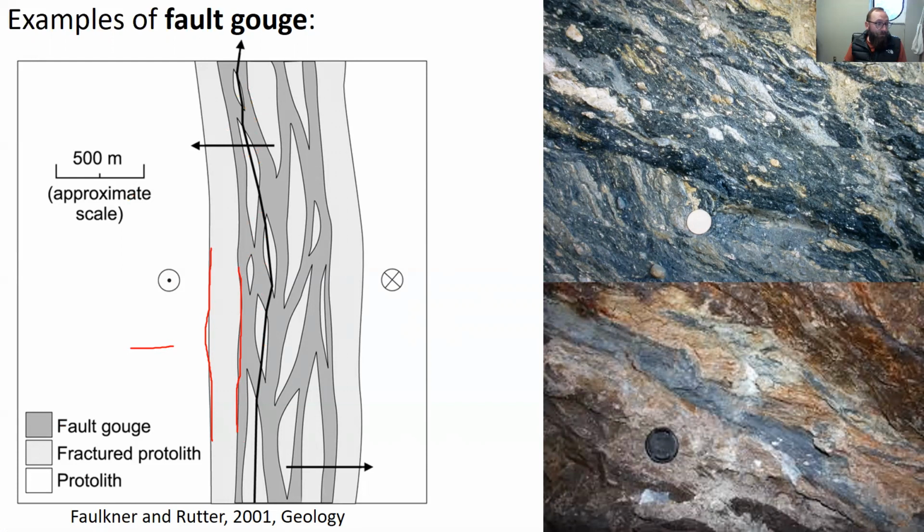And then we often have boundary zones outside of the fault zone core that are damage zones. So damage zones lack fault rock, but they're instead intensely fractured.